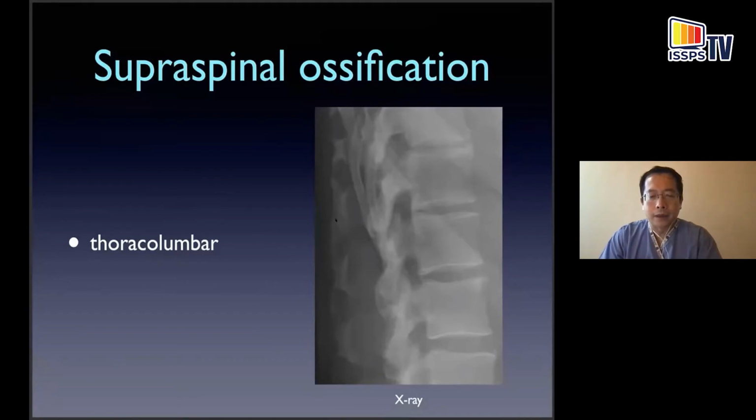So when you encounter a patient like this where there is supraspinous calcification, how do you count the levels? Look for the transverse processes. That's one useful tip because the echogenic tip of the transverse processes can sometimes be seen and will help you to count.